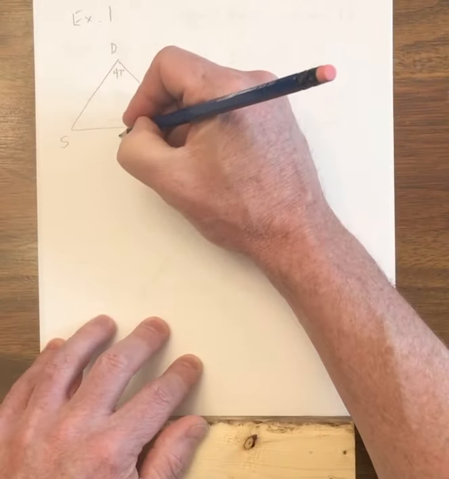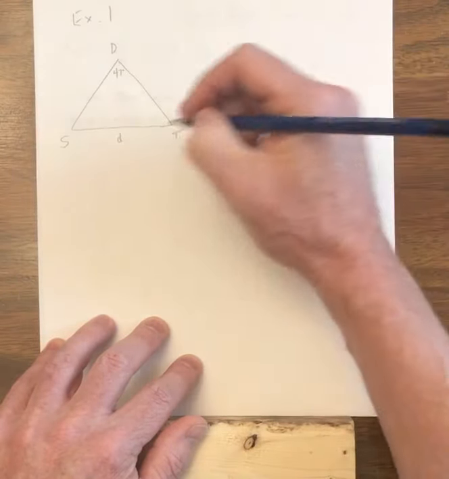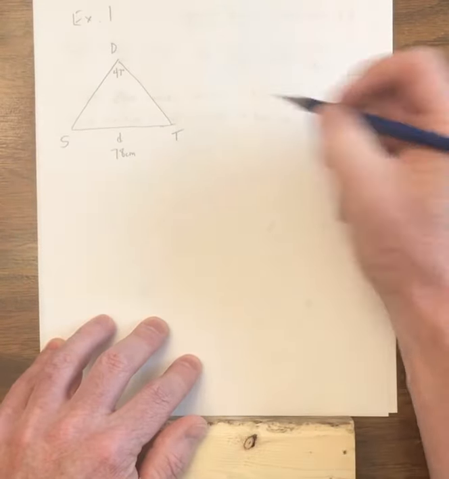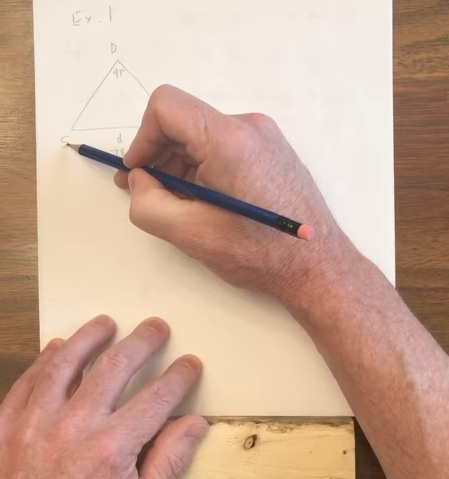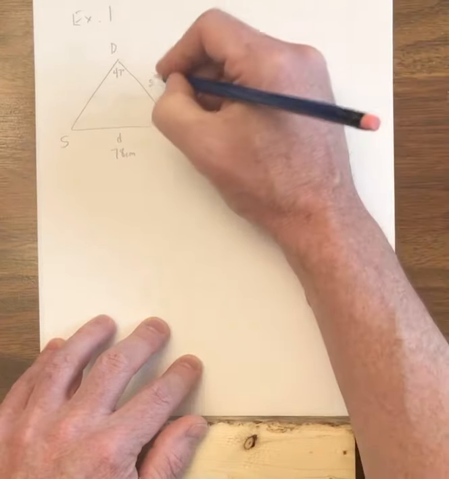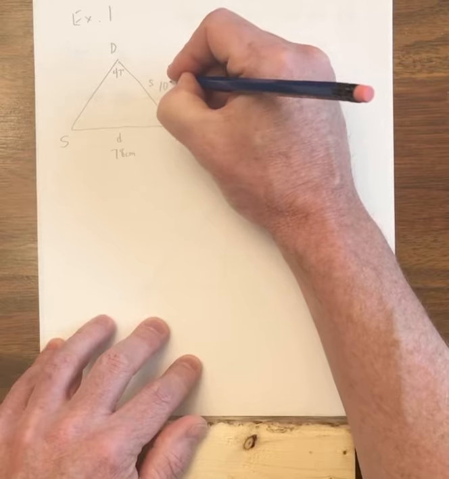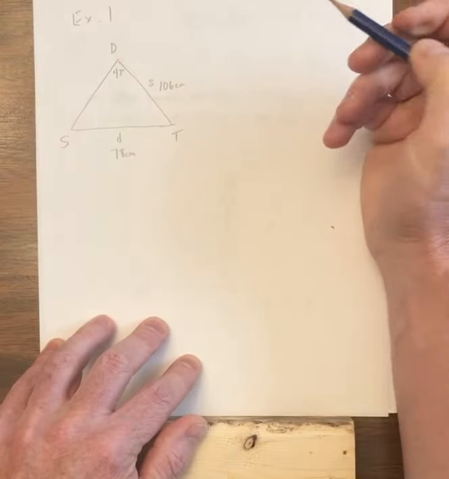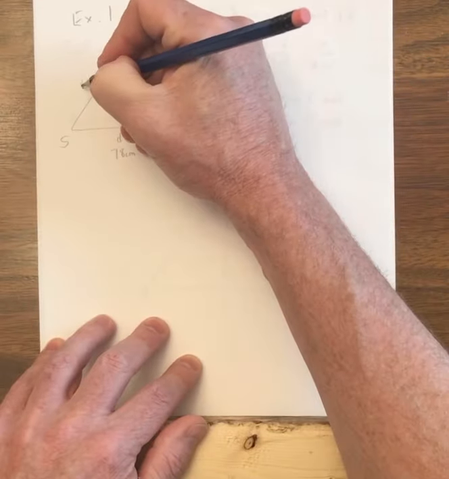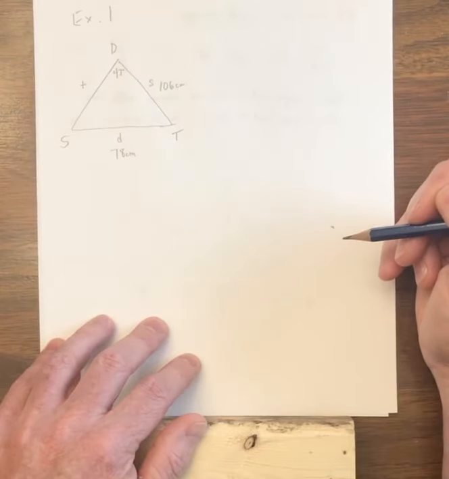We know the opposite side, side D, is 78 centimeters. We know that the side opposite angle S, so side S, is 106 centimeters. What we don't know is angle T, and we don't know side T, which is opposite.